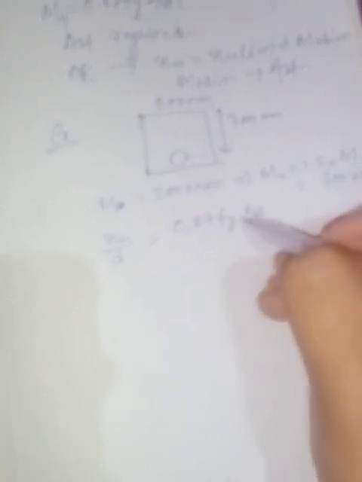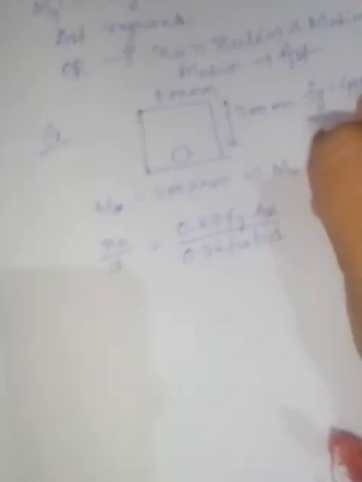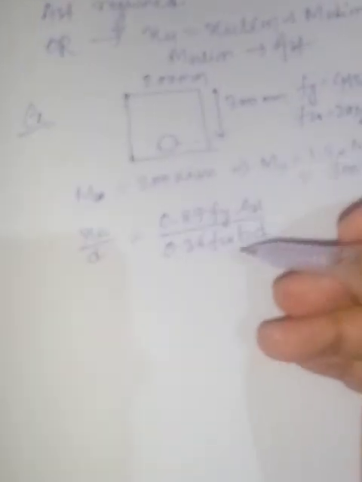Then we will find XU ratio D equal to 0.87 Fy Ast ratio 0.36 fck into BD. Suppose Fy equal to 415 Newton per mm square, fck equal to 20 Newton per mm square. If it is given, then we will put these values.